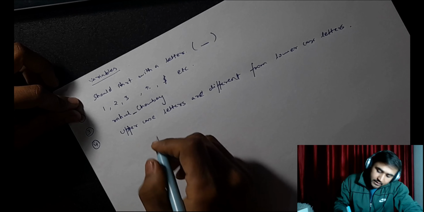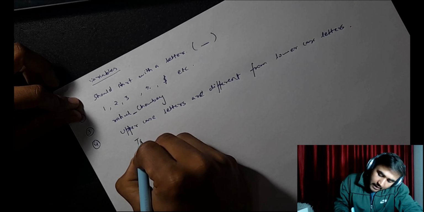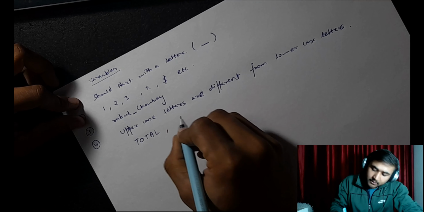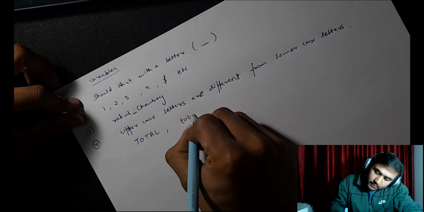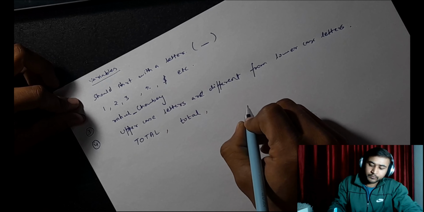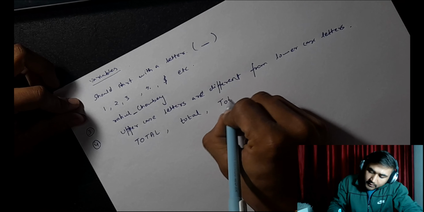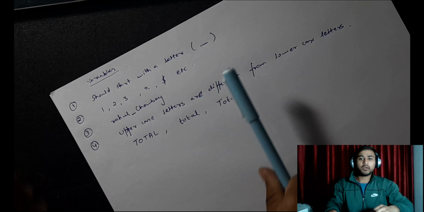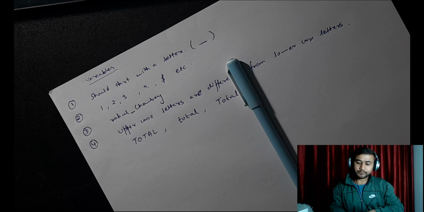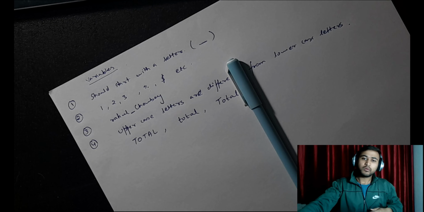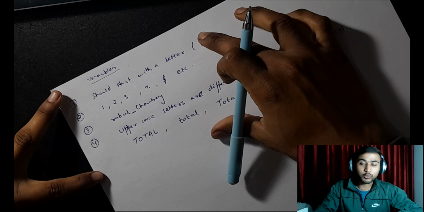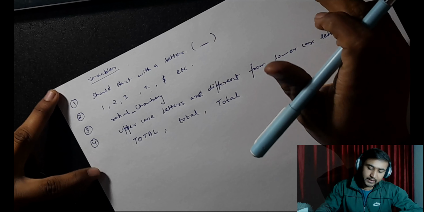For example, if I have written in capitals as total, this variable is different from this variable total, or it is different from this variable. So these three variables are counted as different variables. So these are the typical four rules for writing a variable in an IDE.